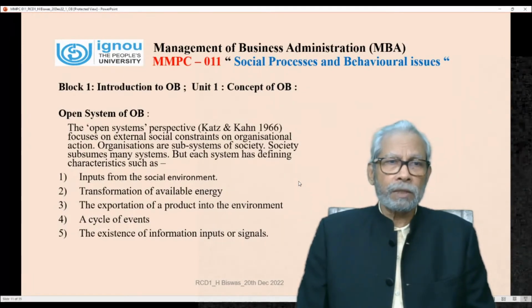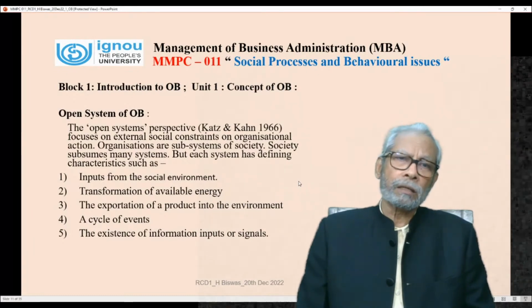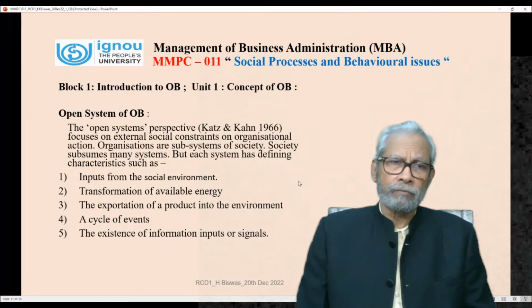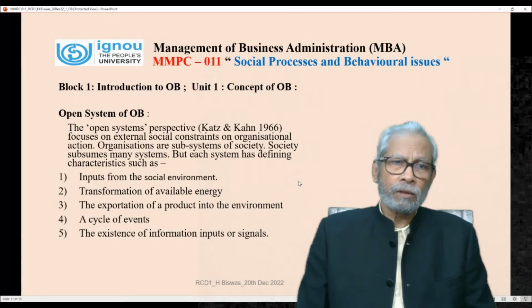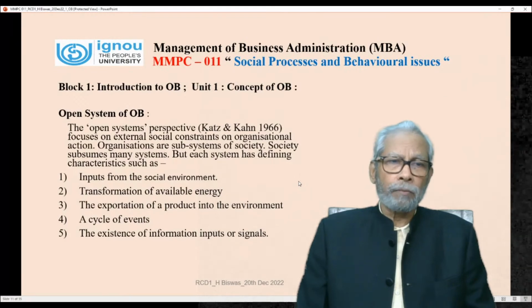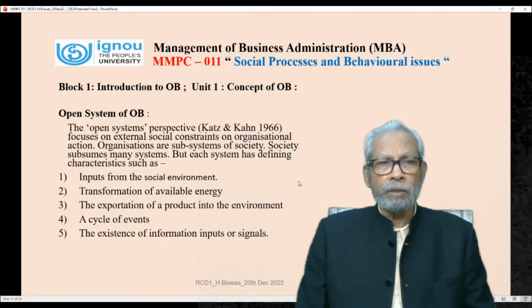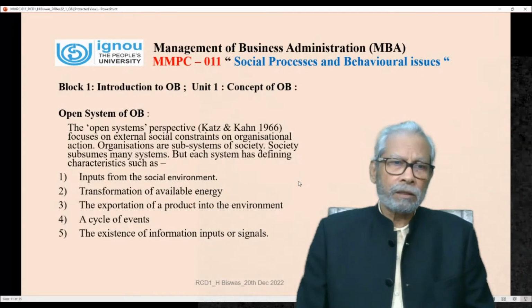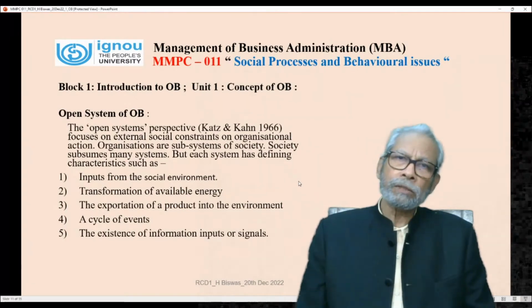Society subsumes many systems, but each system has defining characteristics. Every system has some characteristics: inputs from the social environment, that is one; transformation of available energy; the exportation of a product into the environment; a cycle of events; and the existence of information input or signals.